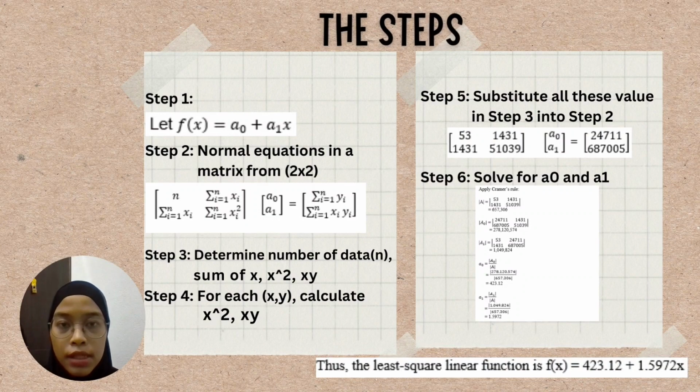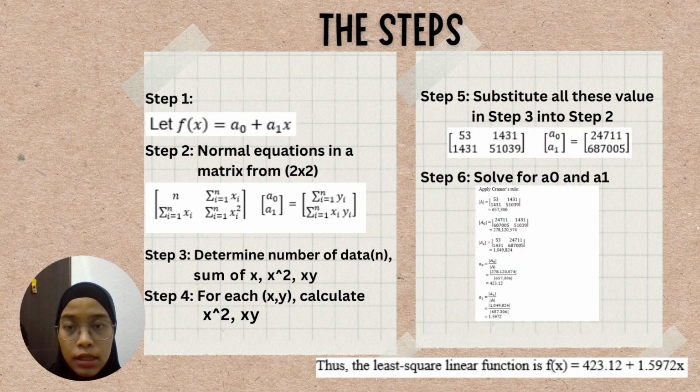There are 7 steps to find the least squares straight line. Step 1. Let f(x) equal a0 plus a1x. Step 2. Write the normal equations in a matrix form, 2 by 2.